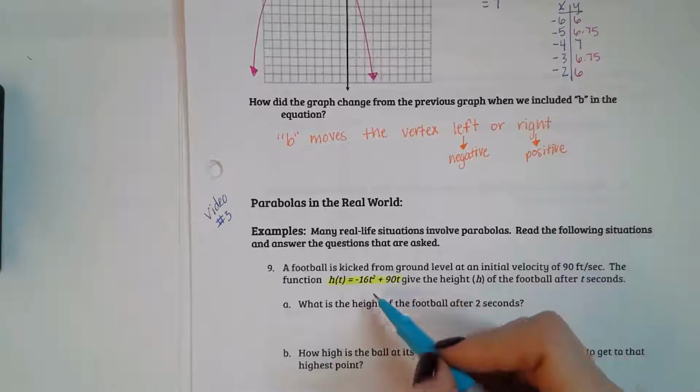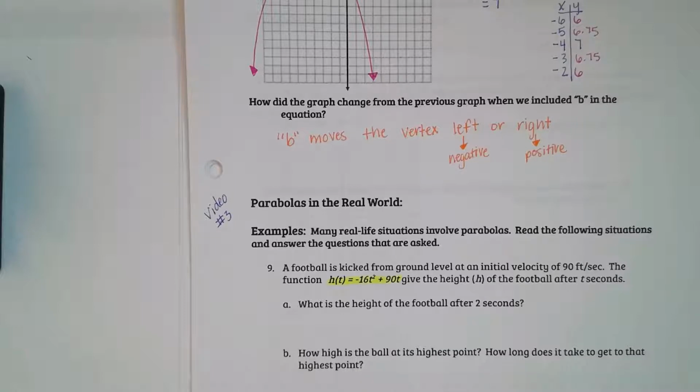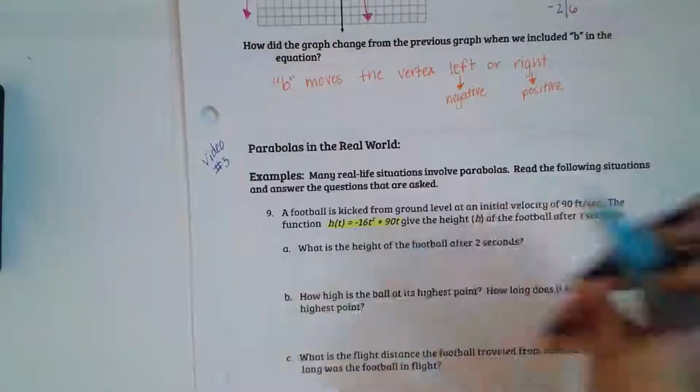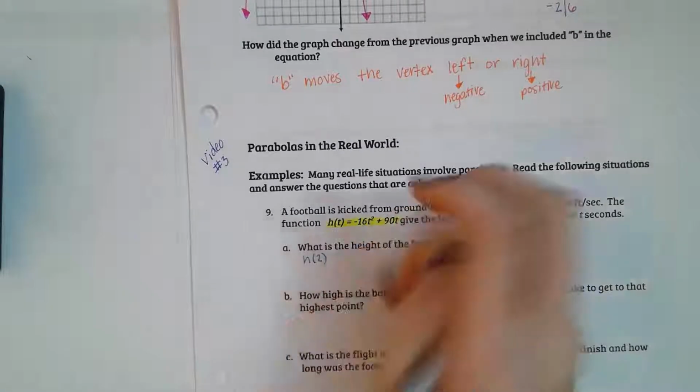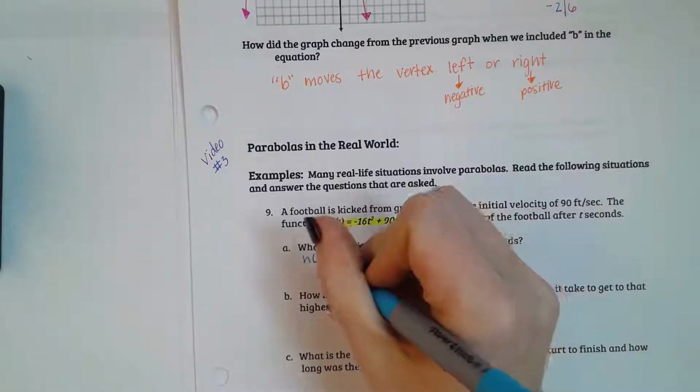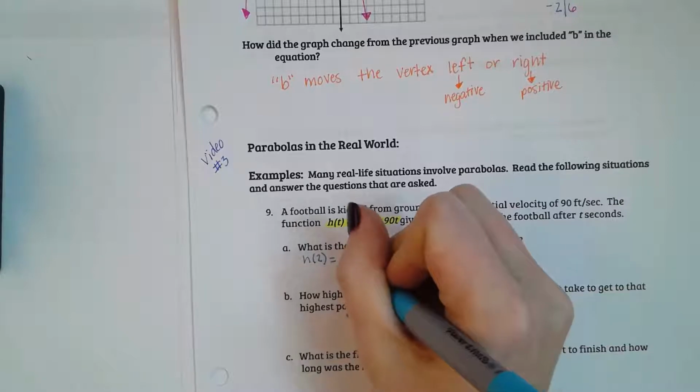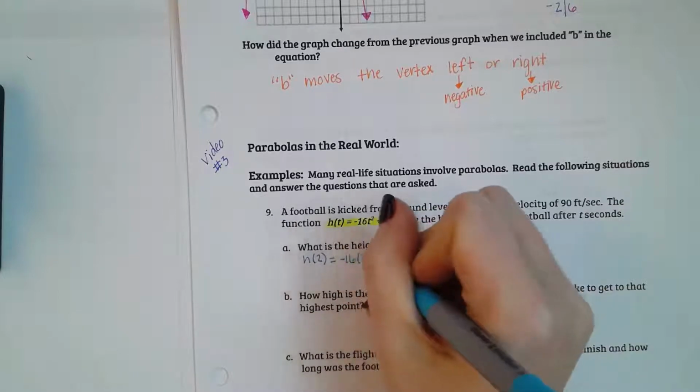If t stands for time, what they want you to do is plug in 2 for your time. So wherever we see a t, you're going to put a 2.